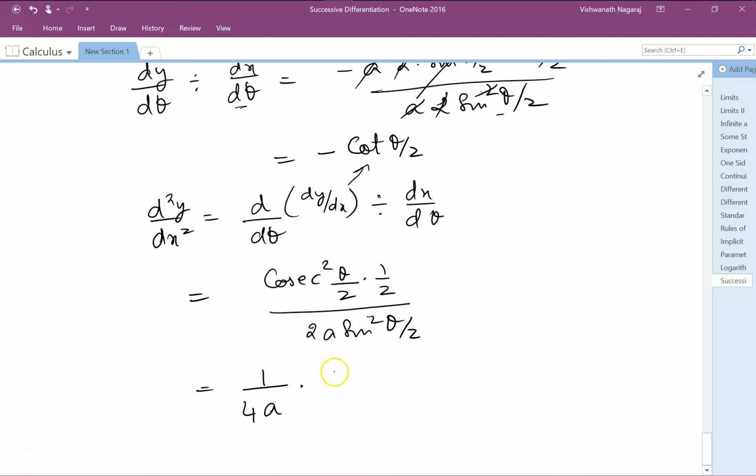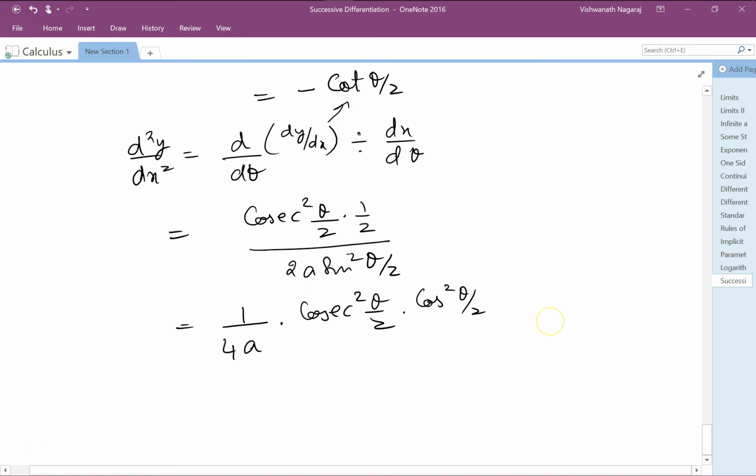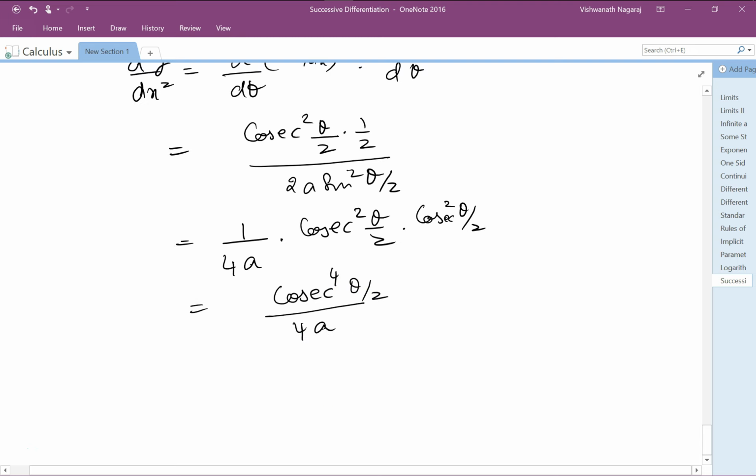Sine square can be taken up, so 1 by sine square is cosec square. So cosec square theta by 2 times cosec square theta by 2 is equal to cosec 4 theta by 2 divided by 4a. So you have to be careful when it comes to differentiating parametric functions.